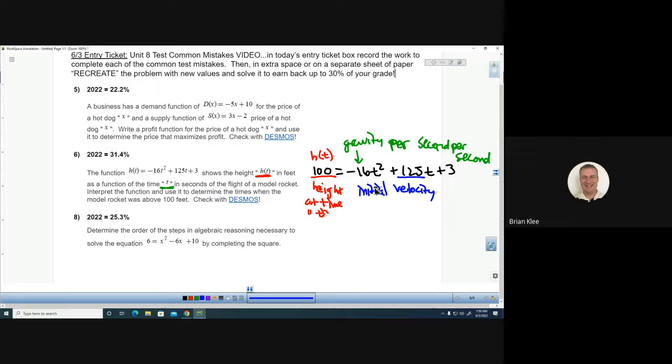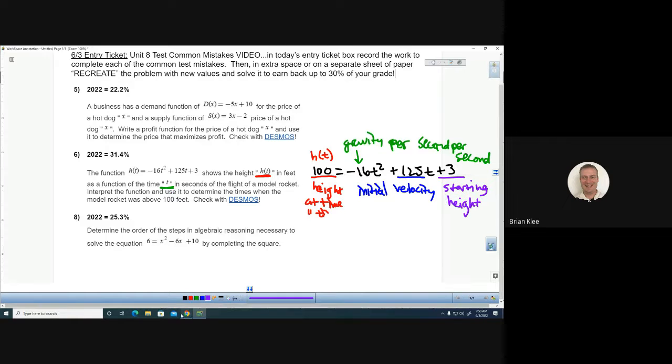If the word initial doesn't make sense, like if I ask you your initials, for me, I'd say BK, Brian Clee. It rolls right out. And then lastly, the 3 would be the starting height or the initial height. Again, initial and beginning and starting, all very similar words, okay?